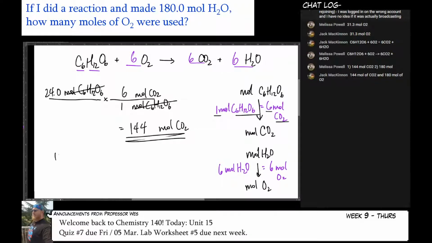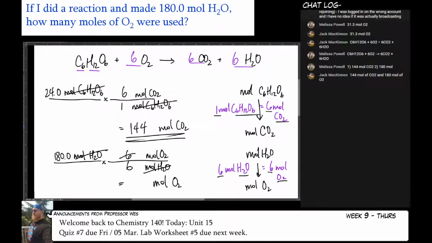So if I have 180.0 moles of H2O, I can do this dimensional analysis to get my moles of O2. And then I would just put numbers right like this, right? So there's 6 for each of them.